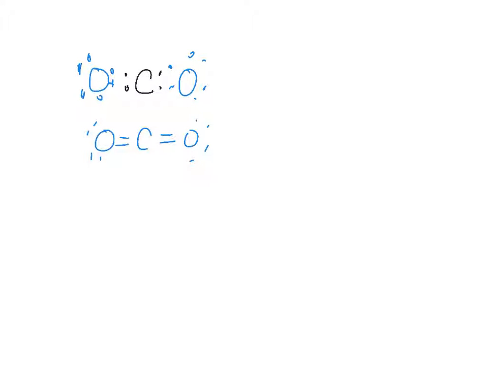There are no lone pairs of electrons on the carbon atom. So there's nothing forcing those double bonds apart except the repulsion from the other double bonds. Because they're the same, it's going to be symmetrical. Those electrons are going to be going out to the side. When you connect your oxygen to your carbon to your oxygen, you're going to get a straight line. So this is linear.